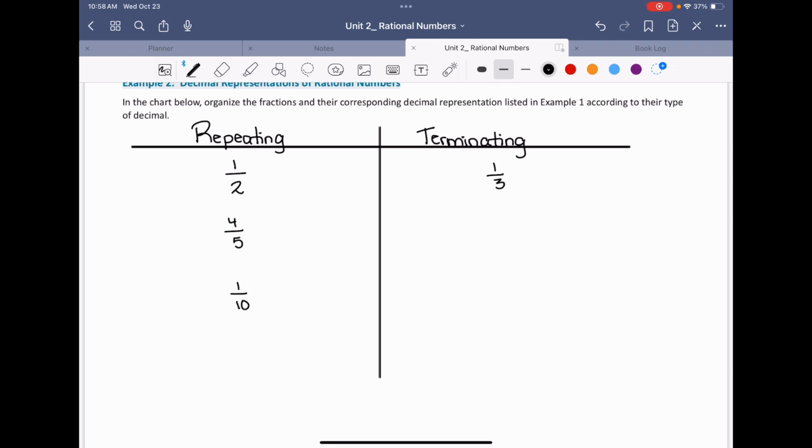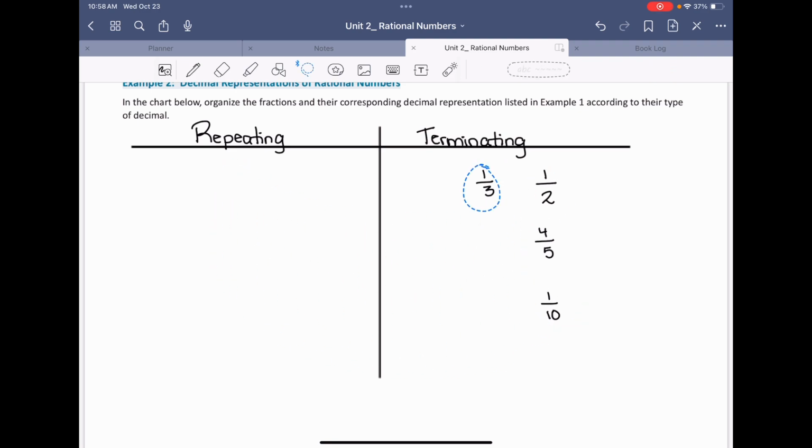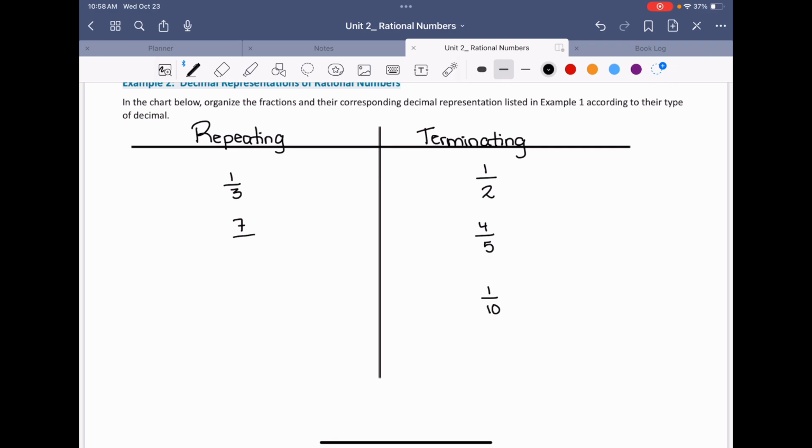Terminating, I did it backwards on here. I'll just switch them. Okay, terminating, 1/2, 4/5, 1/10. Repeating, 1/3, 7/11, and 7/9. And then you can add whatever ones you also did to the proper section.